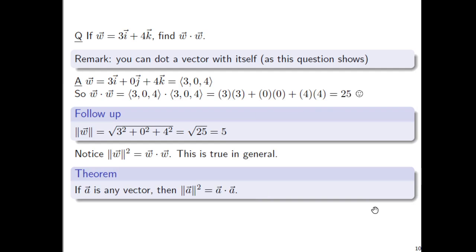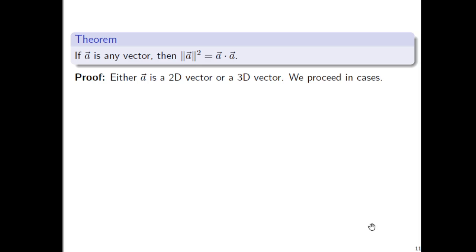This happens in general. In fact, it's a theorem. This is just one example, but you can do another and another, and you'll be convinced that no matter what vector you have, the square of its magnitude is the same as the vector dotted with itself. There is a little proof on this slide.